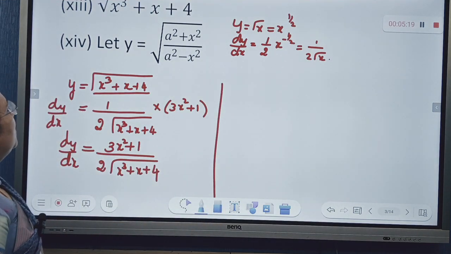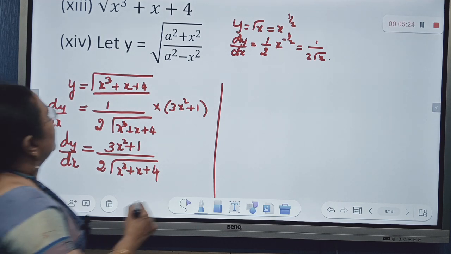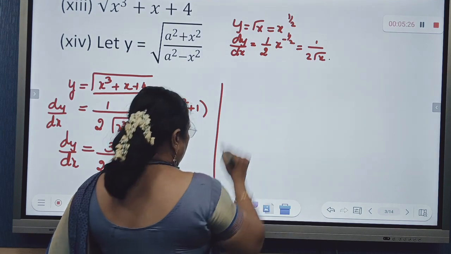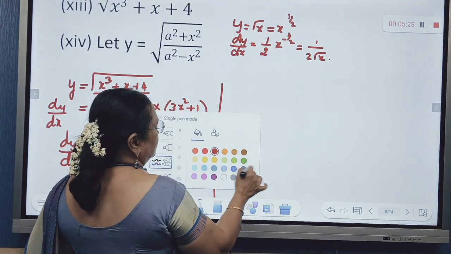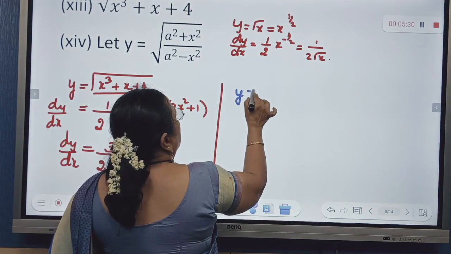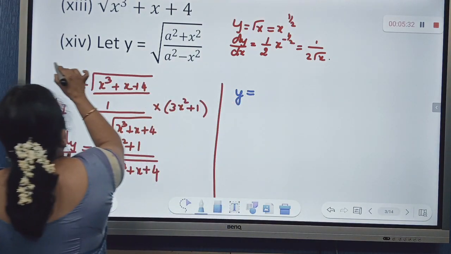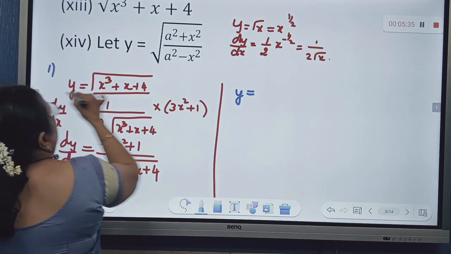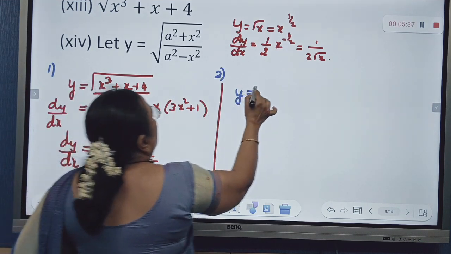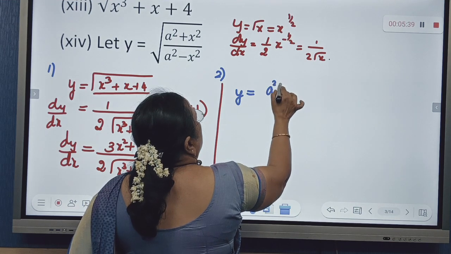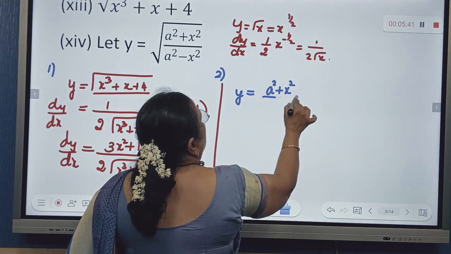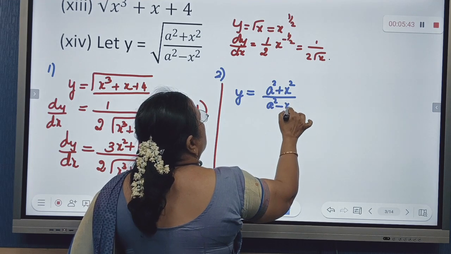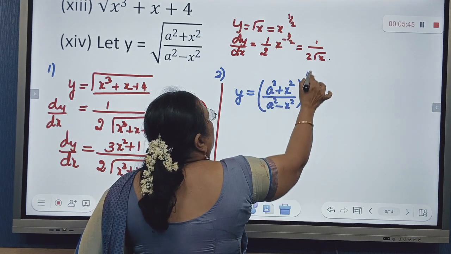Now look at the next one, y equal to root of a square plus x square by a square minus x square. This is the first problem in this page and this is the second problem. So y I can write as a square plus x square by a square minus x square the whole power half.